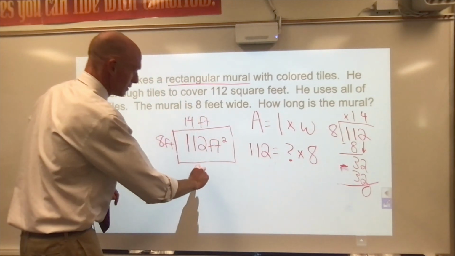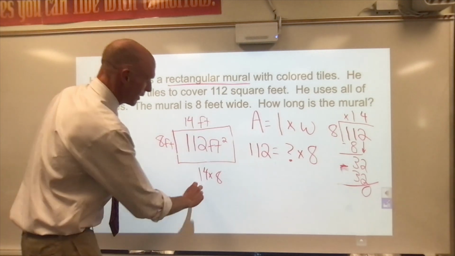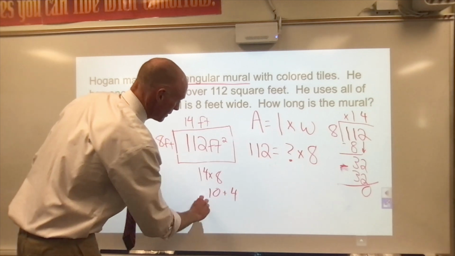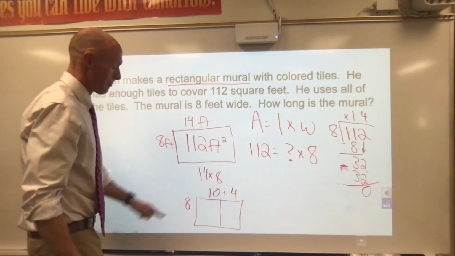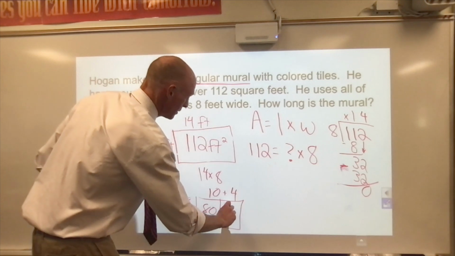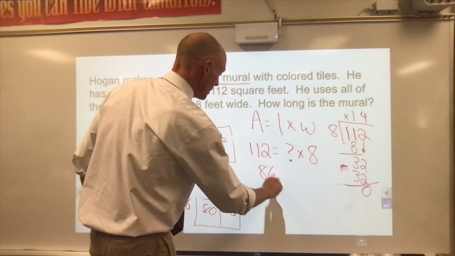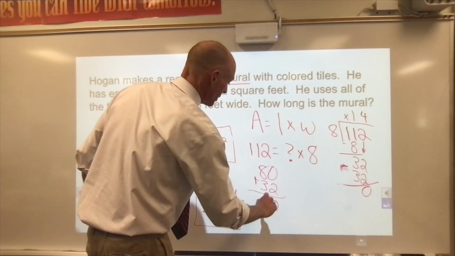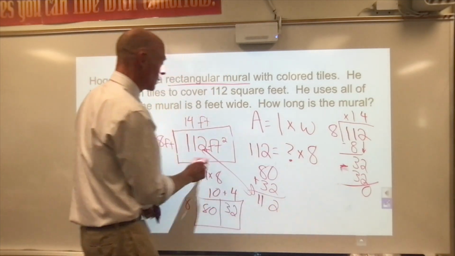I'll put it right over here. 14 breaks up into 10 plus 4 times 8. 8 times 10 is 80. 8 times 4, 32. 80 plus 32, 2, 11. Would you look at that? 112, 112. We're good to go.